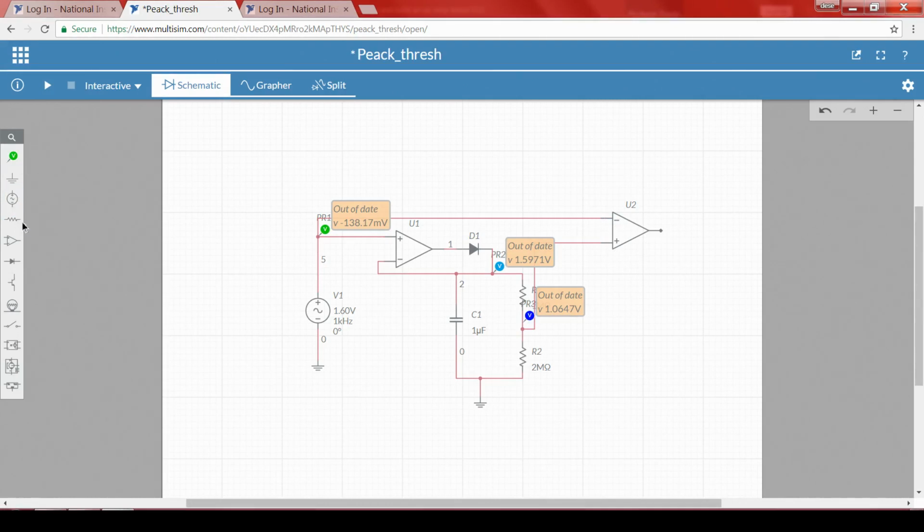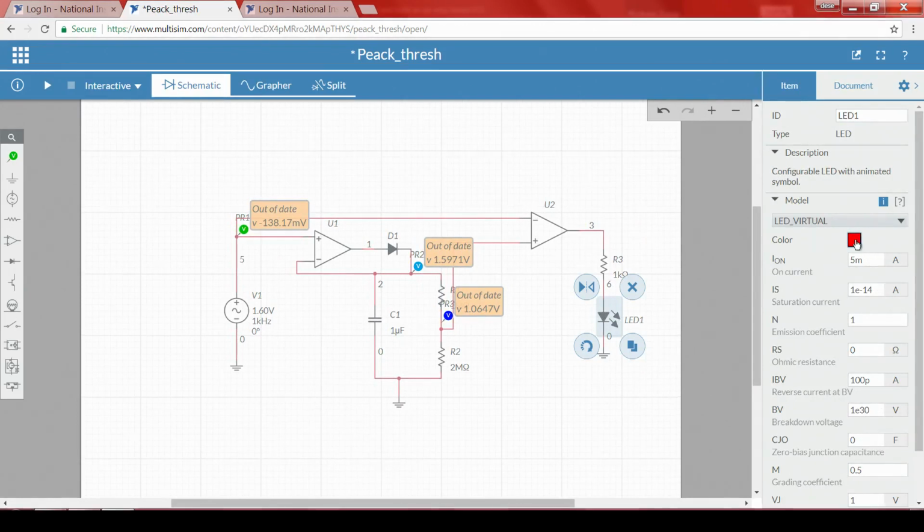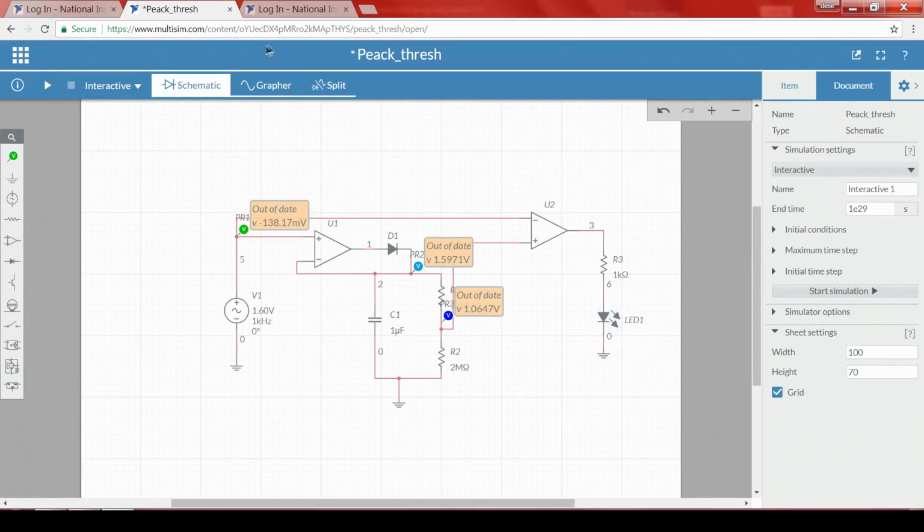Just to identify, I will take one more resistor, some rough 1K value, and connect the other terminal to the ground. We will take an LED, connect it here, and one more ground. The color is red, okay, that is cool.